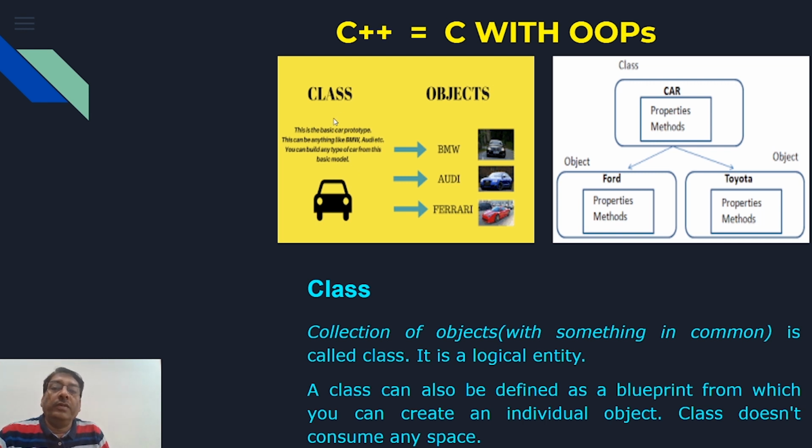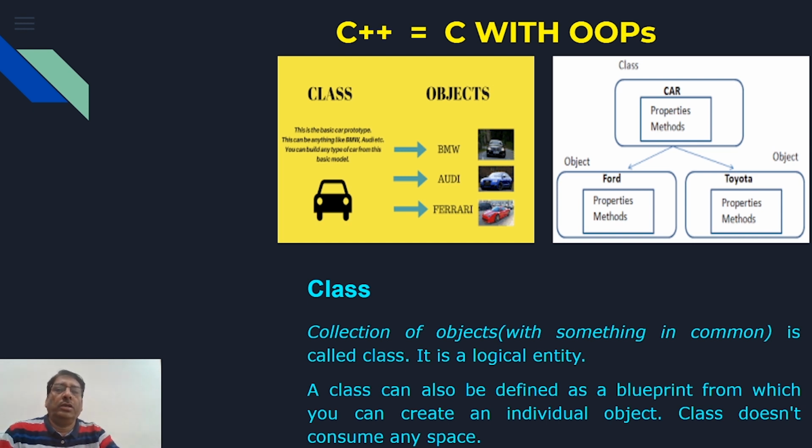So when you talk in general, you call it a class, but when you talk in specific, you call it an object. When I say four-wheeler, it is a class because BMW comes in that, Audi comes in that, Ferrari comes in that. But when you talk in specific, like a BMW car, you are talking about an object.